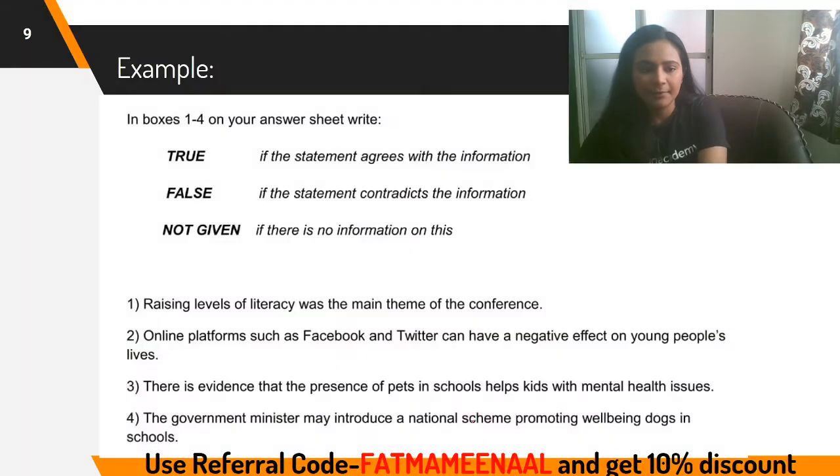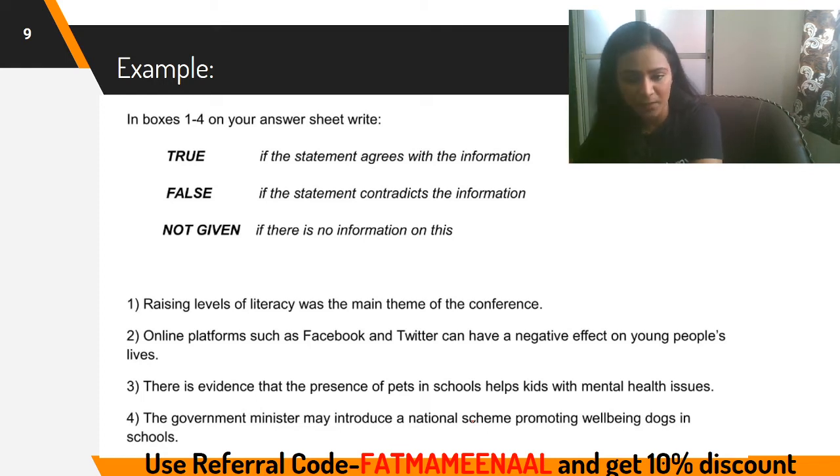Let's read the question. It's a true, false, not given question, guys. You have to be overly careful about this. I was talking about it in my previous class, that in your true, false, not given question, it's going to be exact facts, right? And in your yes, no, not given question, it is opinions.